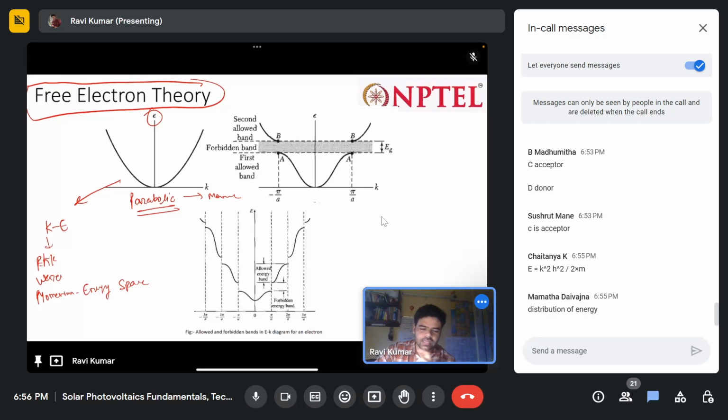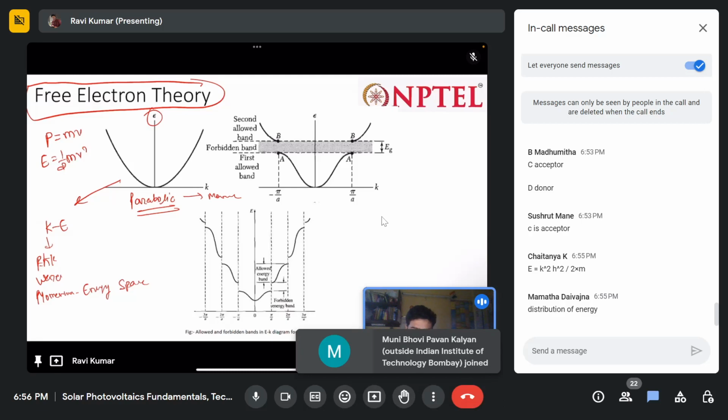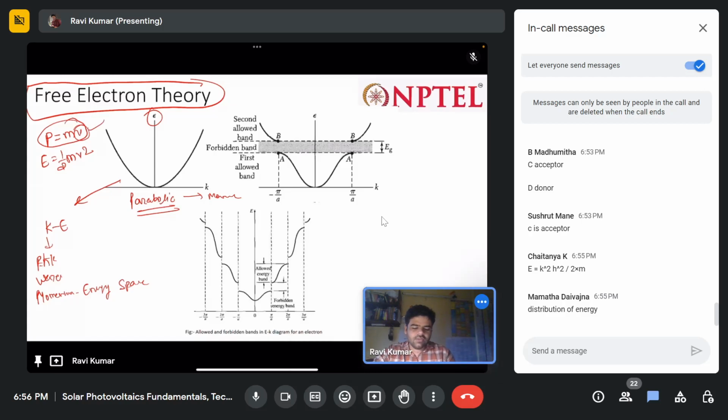Yes or no? Yes. And this is about the movement of the electron only. So we have momentum equals mv and energy equals half mv square. In a crude way, momentum is directly related to v, while energy has a v square.